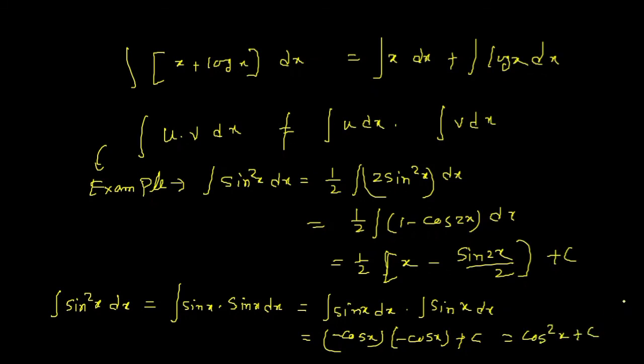As we can see, those two results are not the same, they are not giving the same values. So the integration of sin square x dx is not equal to the integration of sin x dx into the integration of sin x dx.